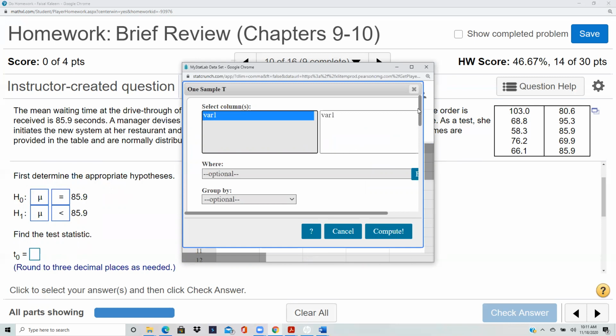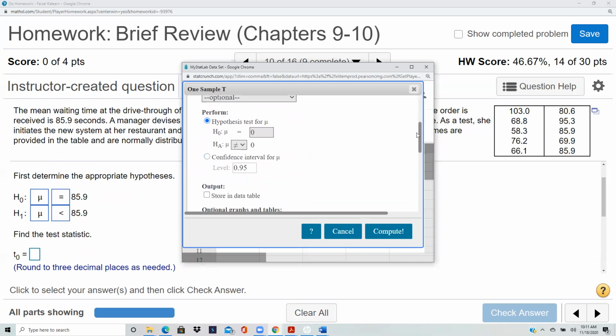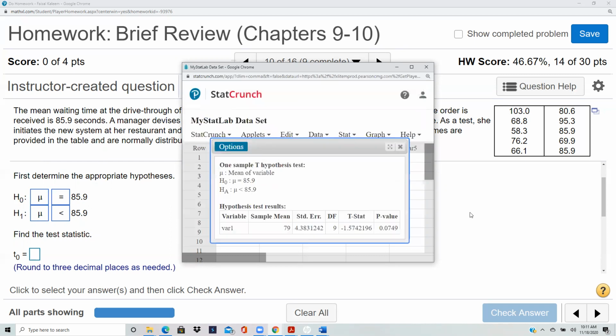So you select the column and then is that it? No, we'll put in the hypothesis as well. And it gave us the 85.9, and then we'll do the less than sign. Okay. Negative 1.574.